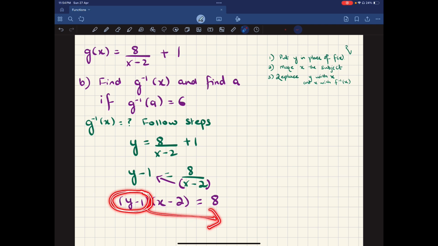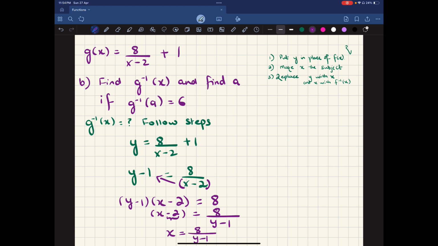It is being multiplied here, so it will be divided when taken to the other side. So x minus 2 is equal to 8 divided by y minus 1. We're going to pick this negative 2 now and take it to the other side where it's going to become positive. Okay, so we are done with step 2 and we've successfully made x the subject.